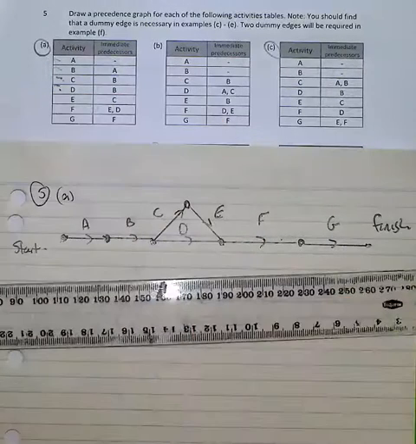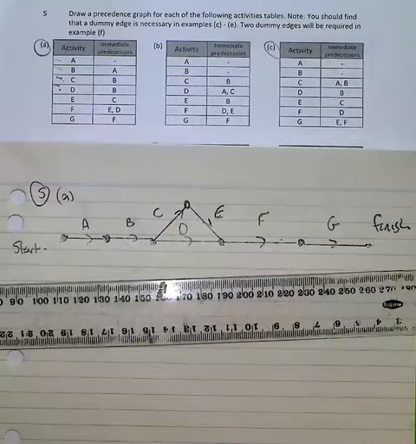Now, you might like to take the opportunity just to neaten that up a little bit, but you can see the basic premise there of how we can go about these. In a moment, I'll be taking you through activity C, which will be our first instance where we have to make use of a dummy edge.